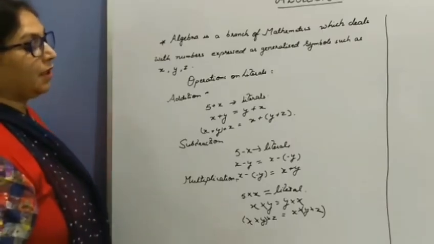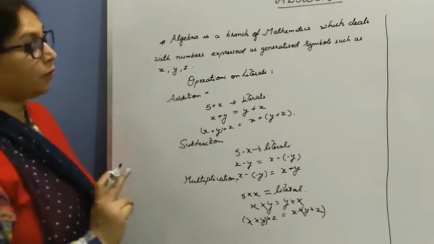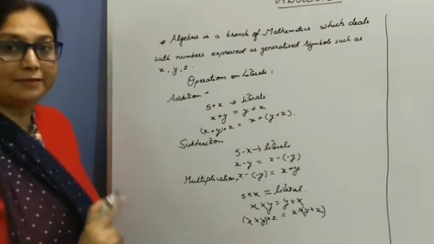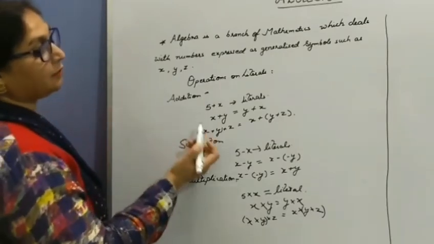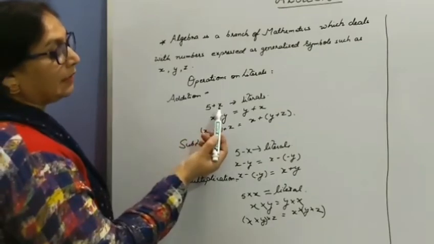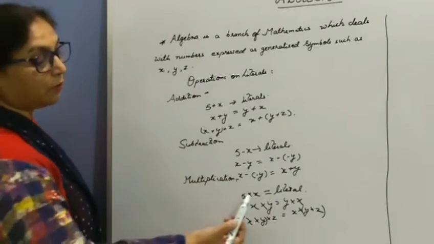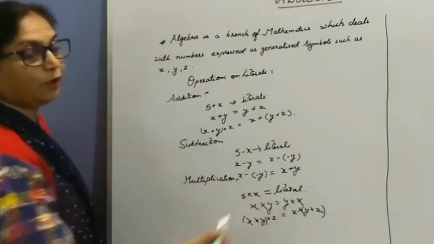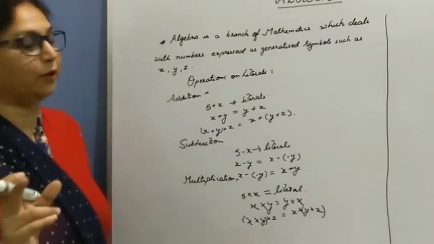So children, you can see in case of addition, subtraction and multiplication of the literals, the rules are exactly same which we follow in case of integers in fraction. And the most important thing is whenever a literal is added to the fixed value or is subtracted from a fixed value or is multiplied to a fixed value, the answer is a literal, means not a fixed value.